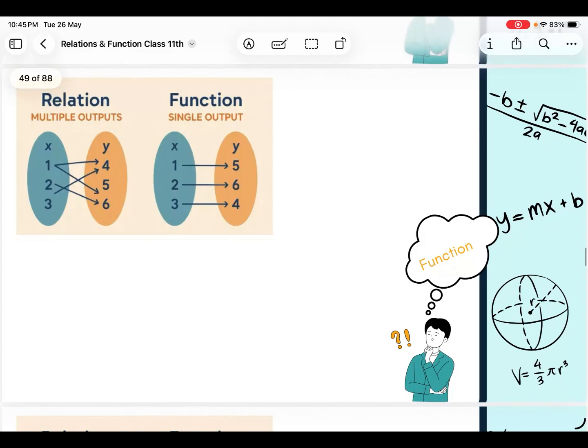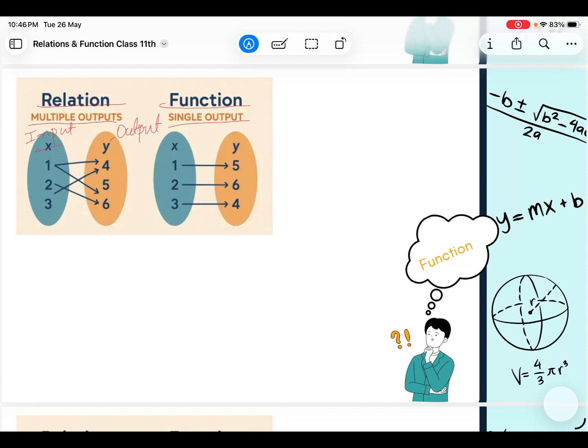See here, it's written relation: multiple outputs, and function: single output. What does it mean? Here x is called the input and y is called the output, in the context of relation and function.